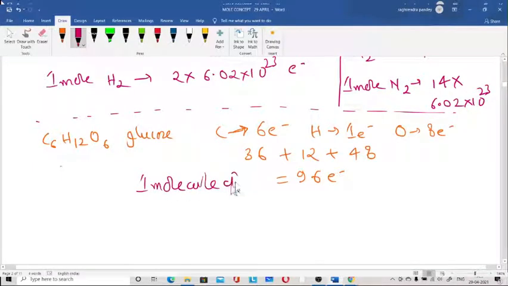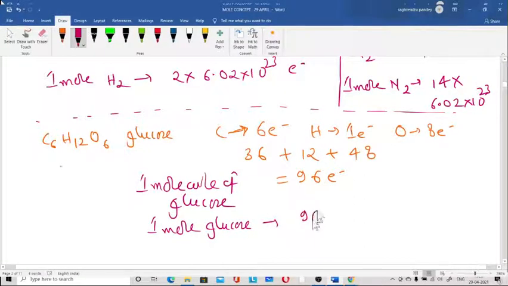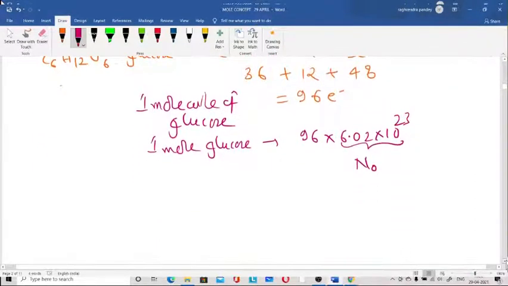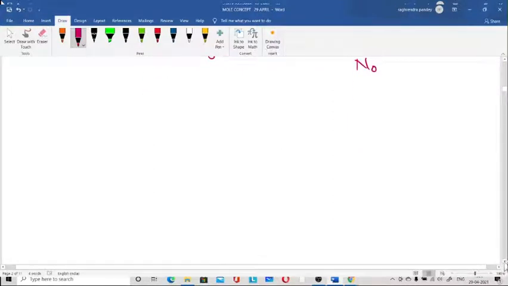If I take 1 mole of glucose, obviously it will be 96 into 6.02 into 10 to the power 23. This is your Avogadro number, also written as N naught. I will write N naught from now onwards because that is a very big number. Got it? So this is another concept.